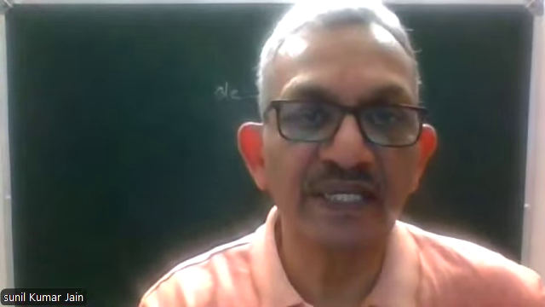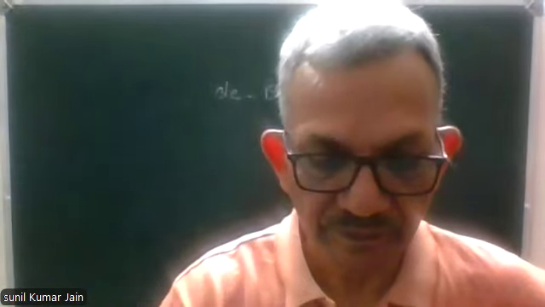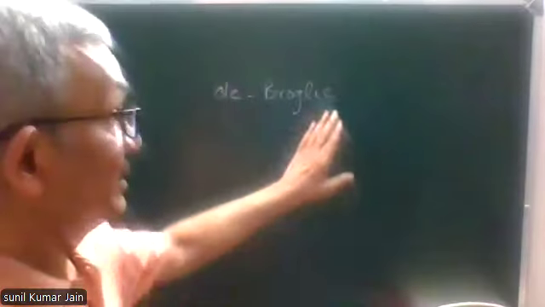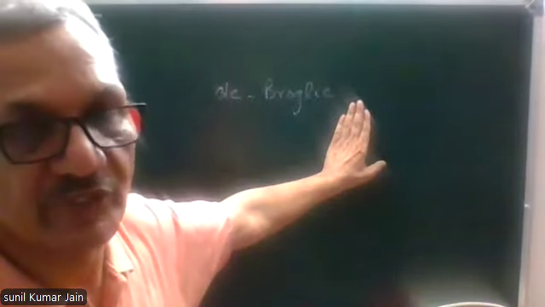Wavelength associated with a particle in motion can be calculated by using the following de-Broglie equation.